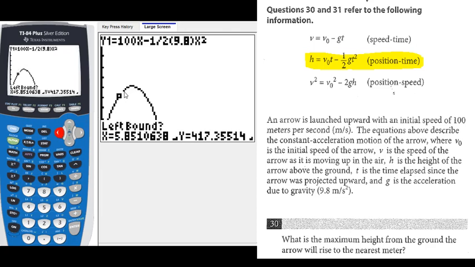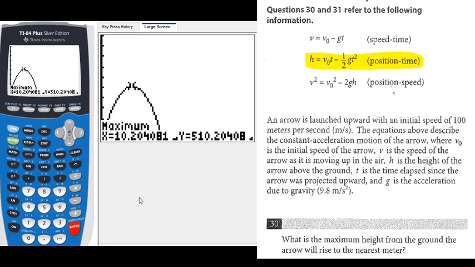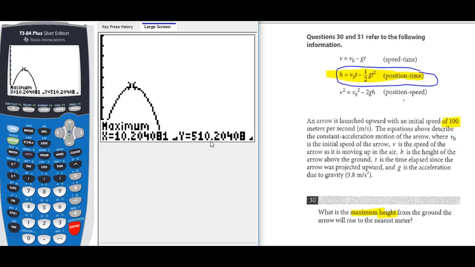It doesn't matter whether it's over here or over here, it doesn't matter. Then press enter. Then move the arrow to the right side because they're looking for the right bound. I press enter. Okay, so enter again. That's the correct answer. So the time will be 10.2 and the height will be 510.